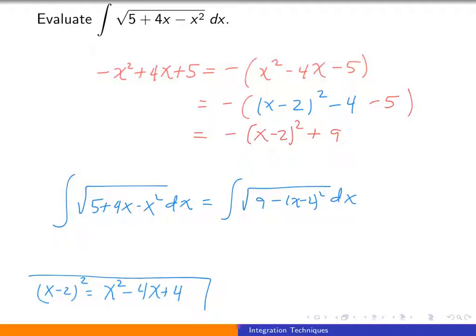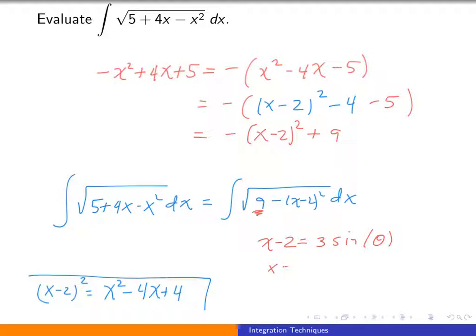And now we see something that we can apply a trig substitution to. Inside our integrand, we have this expression 9 minus something squared. So the trigonometric substitution we would like to use is to take that x minus 2, the something being squared, and set that equal to a sine theta. The 9 is indicating that it should be 3 sine theta.